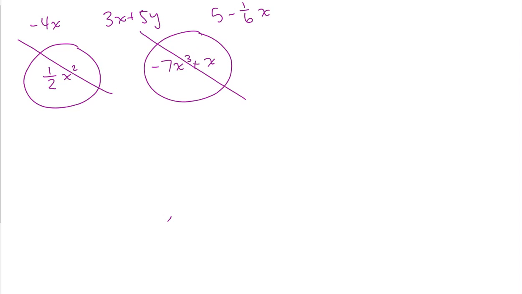Let's look at some examples of how to add these linear expressions. Let's say we have x minus 2 plus 3x plus 8. Now, we're going to use a vertical method first and then a horizontal method.